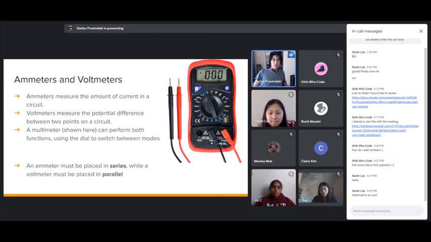Because an ammeter measures current, it has to be placed in series with the circuit. A voltmeter, meanwhile, measures potential difference, so a voltmeter has to be placed in parallel. An ideal ammeter will have no resistance, and an ideal voltmeter will have infinite resistance.